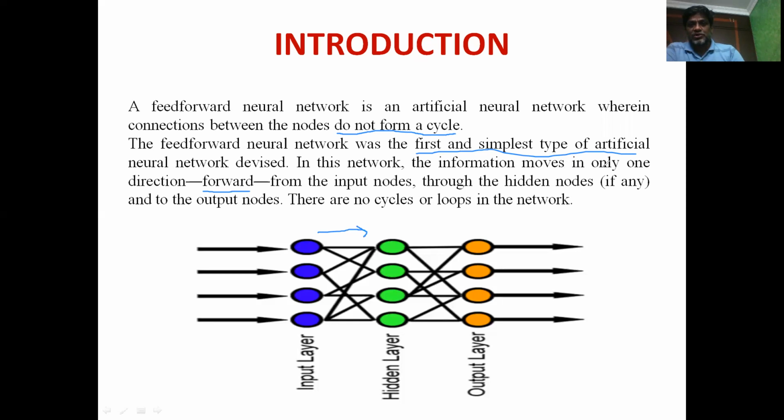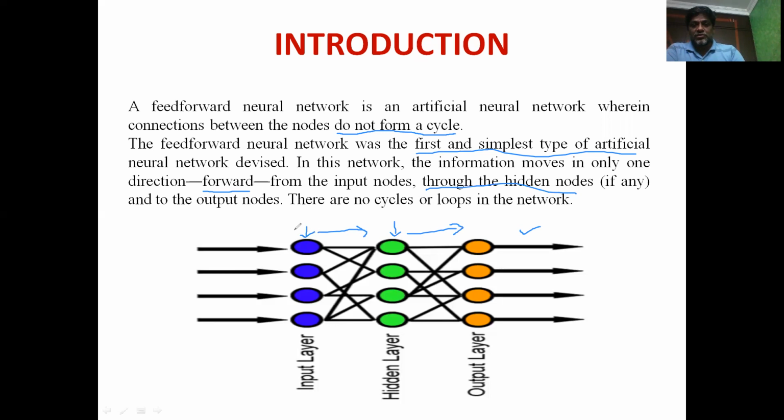So this is the main property of a feed-forward neural network. The information moves in only one direction, the forward direction, starting with the input nodes, and passes through the hidden nodes, if any hidden layers are there, and then it reaches the output nodes, finally producing the outputs of the neural network.